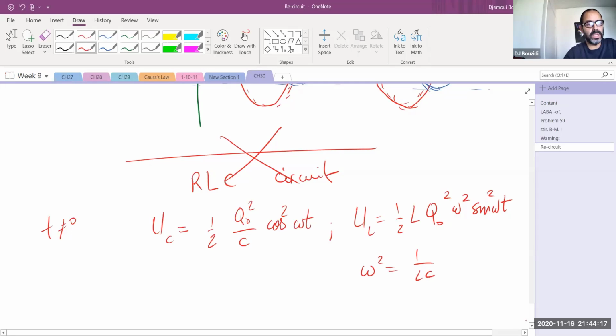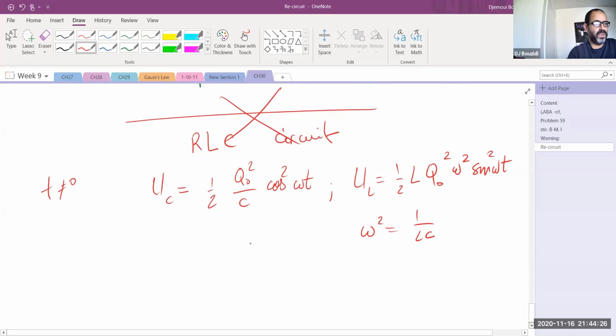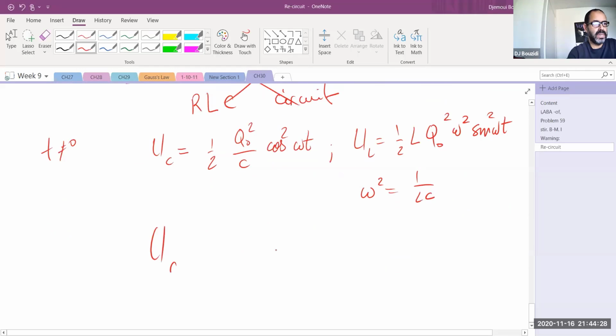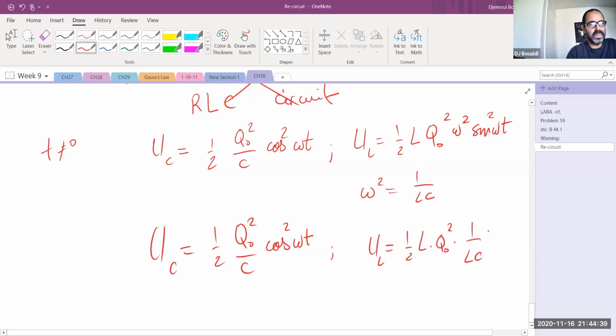So I'm going to replace omega squared with its own expression, 1 over LC, and I will be left with the following: the energy in the capacitor is 1/2 of Q naught squared over C times cosine squared of omega t, and the energy in the inductor is 1/2 of L times Q naught squared times 1 over LC times sine squared of omega t. Cancel the L from both sides.